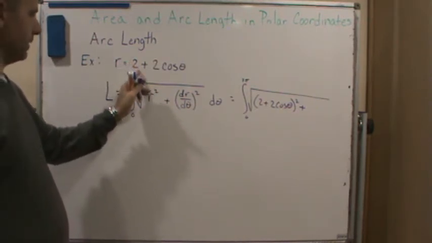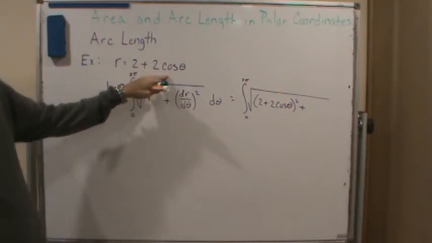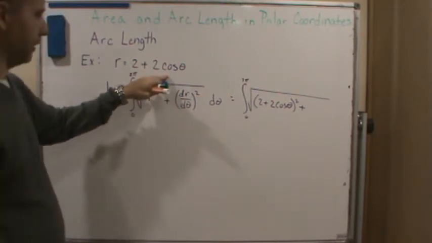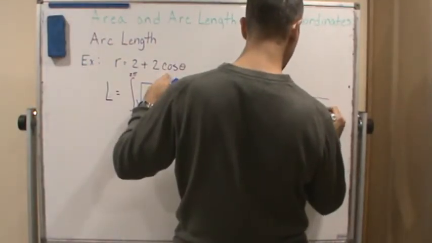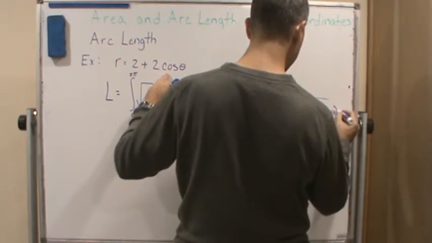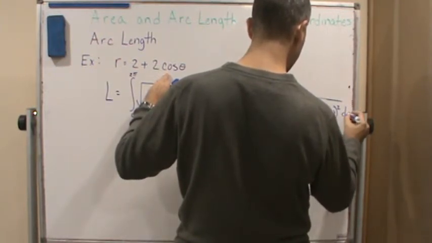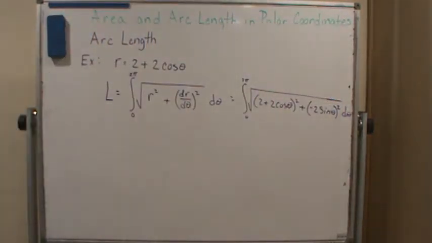The 2 is going to be 0, and this is going to be negative 2 sine theta. So this is going to be negative 2 sine theta squared, d theta. All I did was use r and the derivative of r.